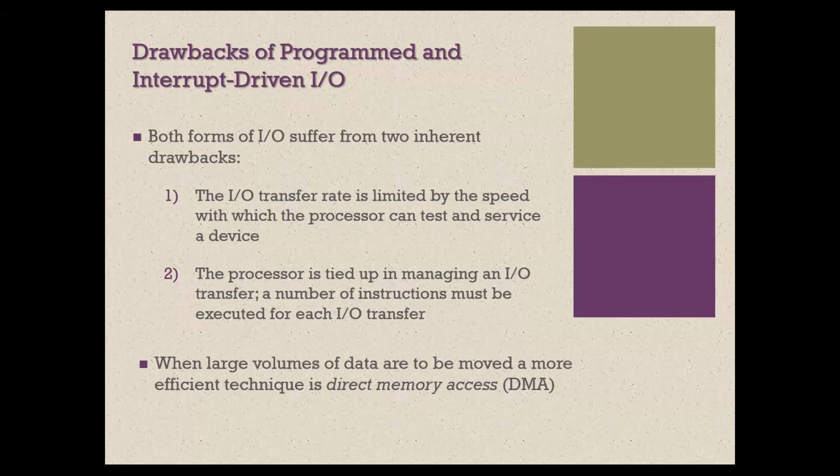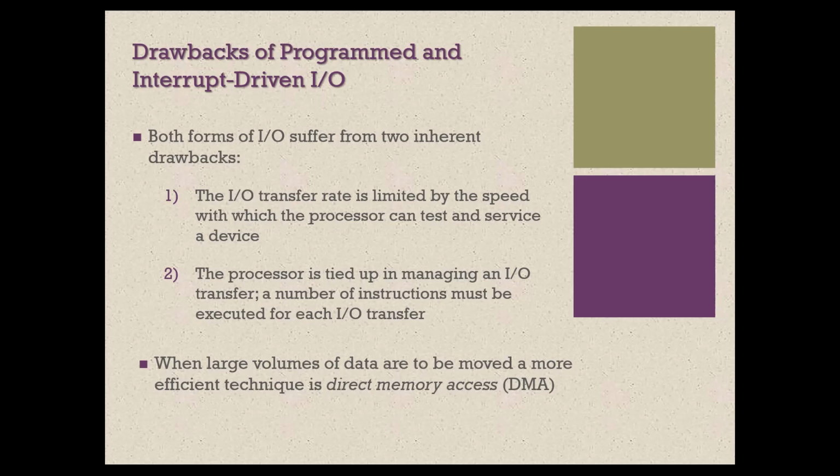Consider a transfer of a block of data. Using simple programmed I/O, the processor is dedicated to the task of the I/O and can move data at a rather high rate at the cost of doing nothing else. The interrupt-driven I/O frees up the processor to some extent at the expense of the I/O transfer rate.